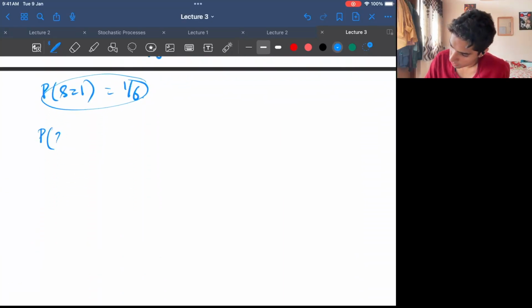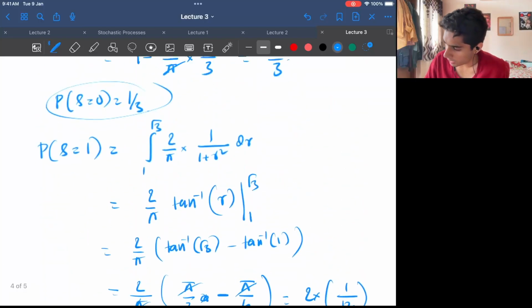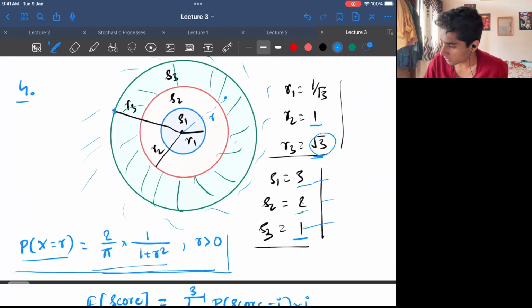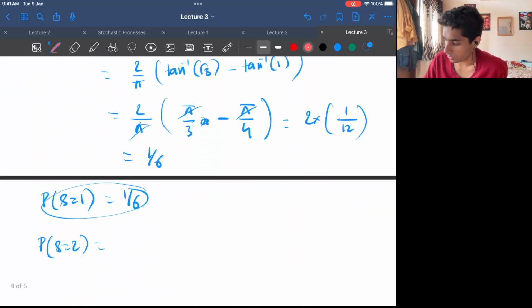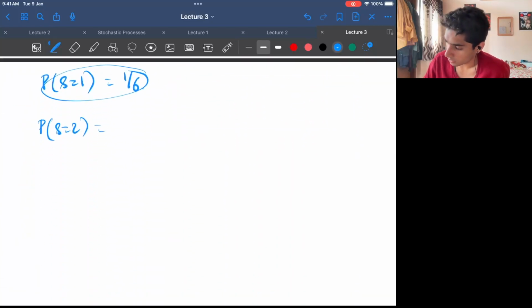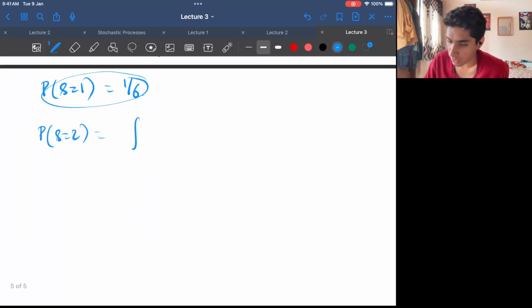Similarly, what will be the probability of S equal to 2? For that it has to land in this red region, right? So what is the probability of that? Now you have to integrate from R1 to R2, right? So just do that. R1 was I think 1 by root 3.